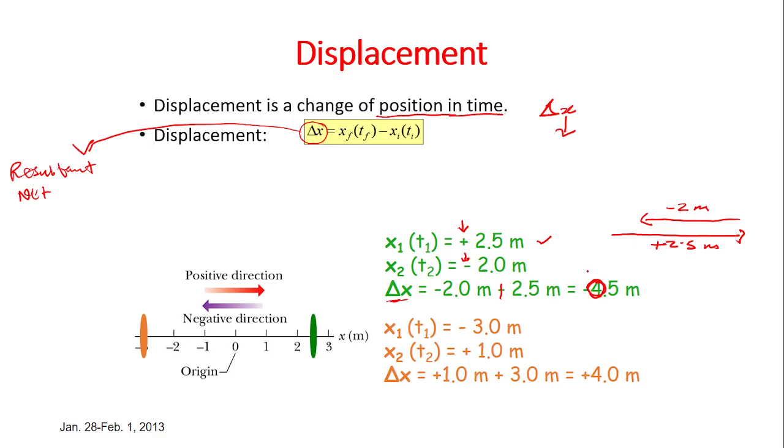So the resultant will simply be 2.5 minus 2 meters, and your answer will be 0.5 meters. The reason why we have put 0.5 meters is that the first movement was toward the right, and the other one was toward the left. So that's how easily you can work out the final displacement.